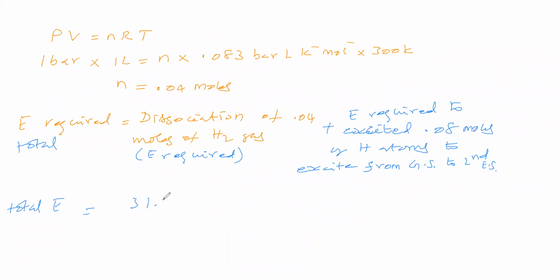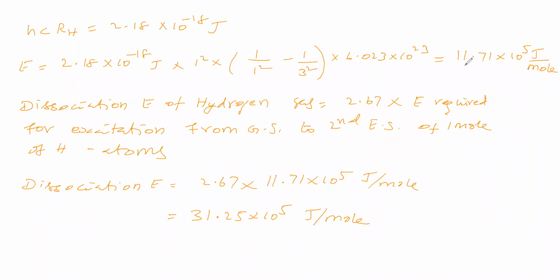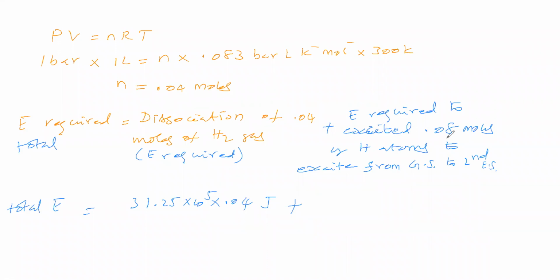So 31.25 into 10 to the power of 5 into 0.04 joule. Then energy required for excitation. For 1 mole, this is the energy required for excitation. Therefore, for this many moles, what is the energy required for excitation?